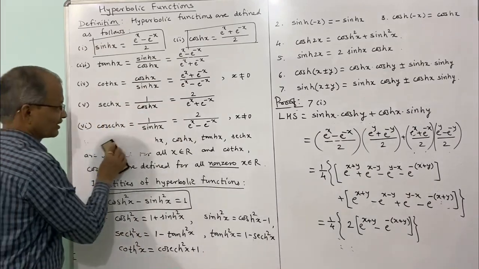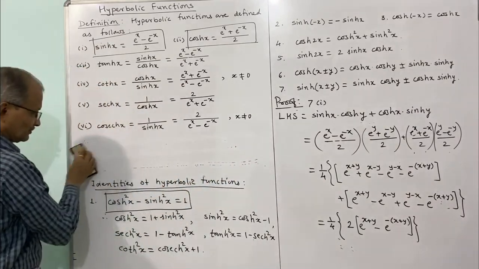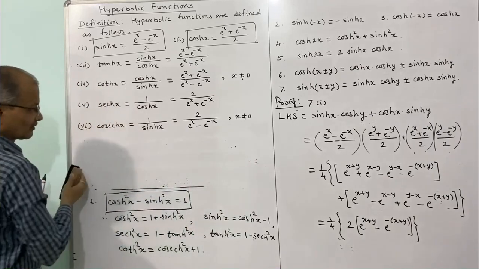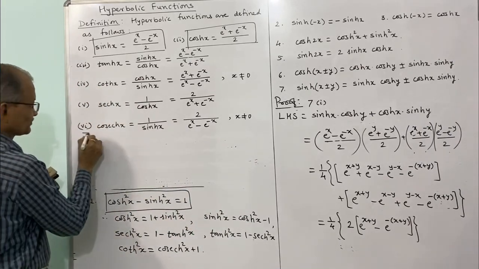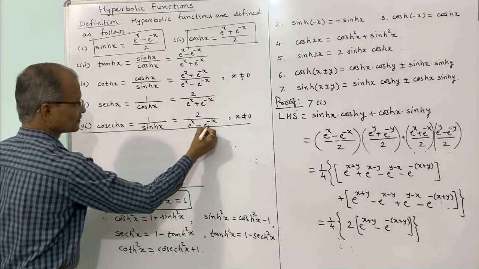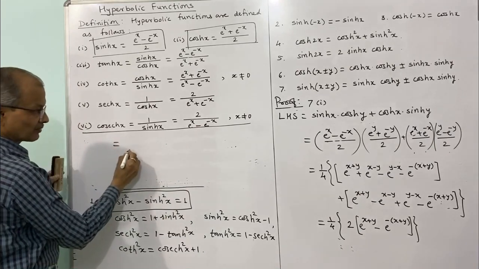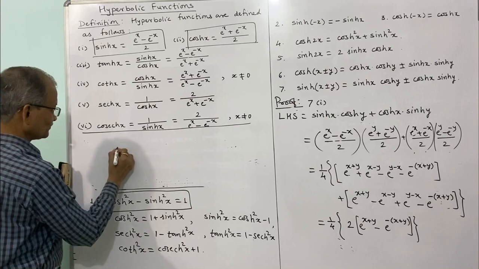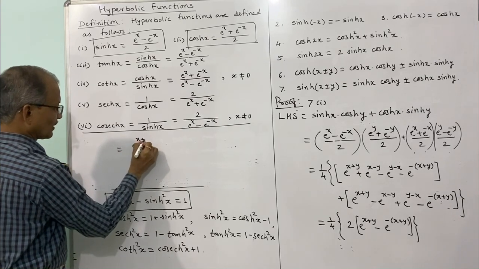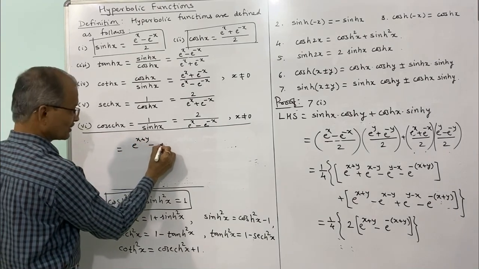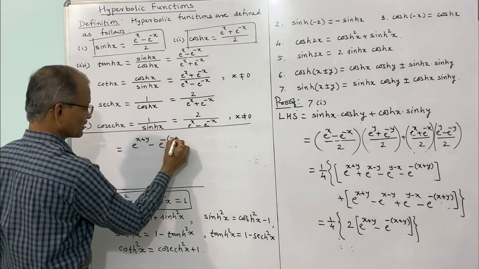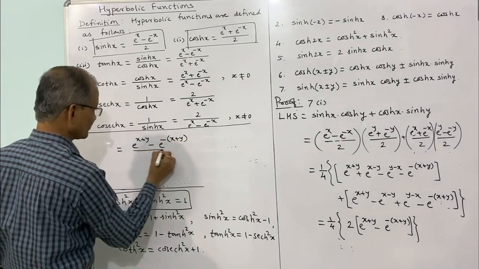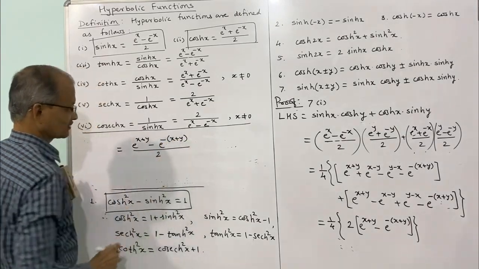So I shall write here that it is equal to e to the power x plus y minus e to the power negative of x plus y divided by 2. And what is this?